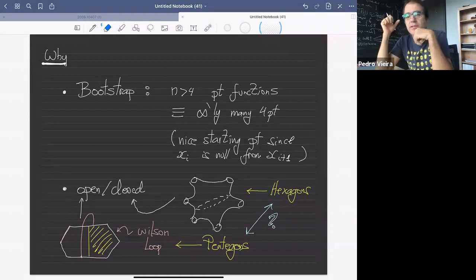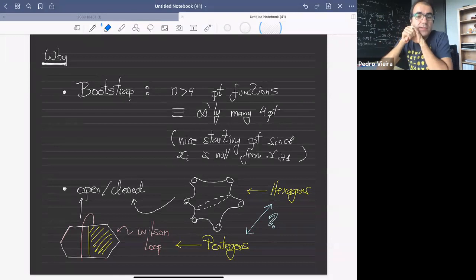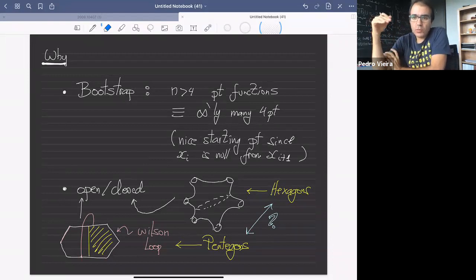Another motivation is in N=4, there are these relations that I'm going to explain between Wilson loops and correlation functions, but often they are wiggly relations. They are schematic relations that in some limit, large spin correlation functions should become some Wilson loops and so on.